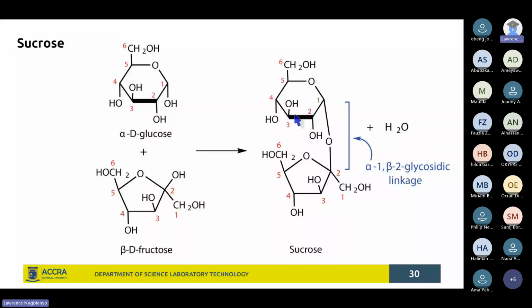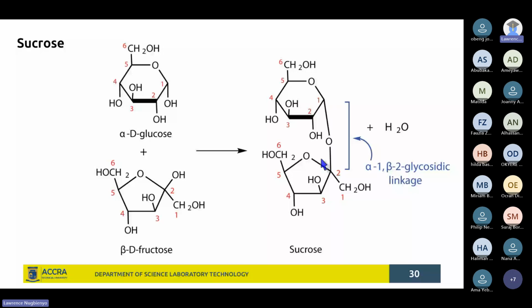That is because the carbons that are reactive, both of them are involved in the glycosidic bond: carbon number 1 of the glucose molecule and carbon number 2 from the fructose molecule.